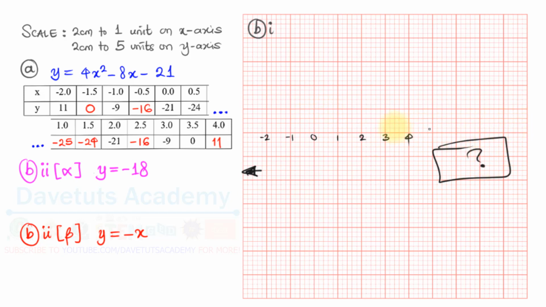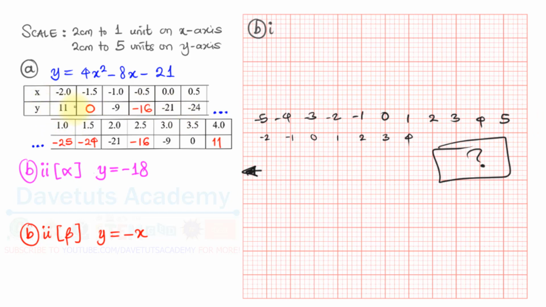If 4 is here, and I have 3, 2, 1, 0, 1, 2, 3, 4, 5, I think this is better. So I have the minus to the left and then the positive to the right. This is not centralized. I'm okay with that.